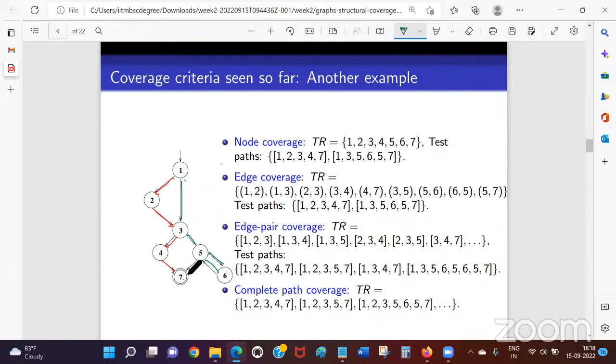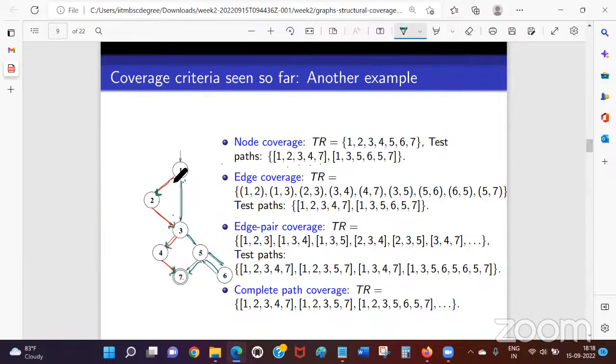So it gives you complete node coverage. If you look at the path over here, it's basically 1, 2, 3, 4, 7.